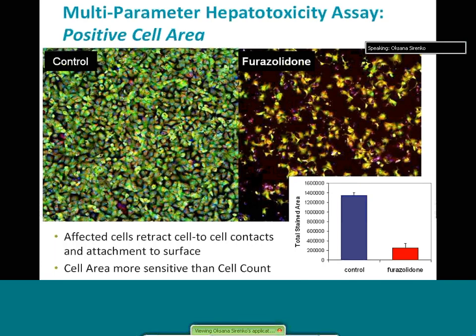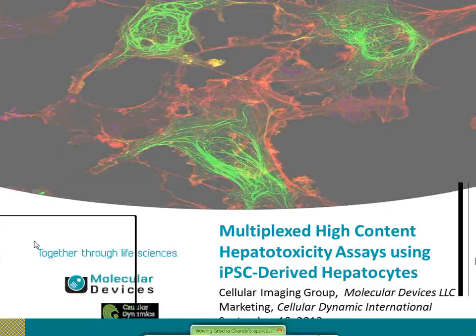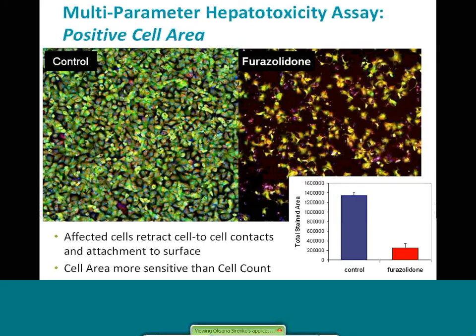In addition to such obvious parameters which react to toxicity, like number of viable cells, there are a number of other cell characteristics and morphological changes which are evident to cell biologists but more difficult to quantitate. For example, affected cells reject cell-to-cell contact and attachment to the surface.